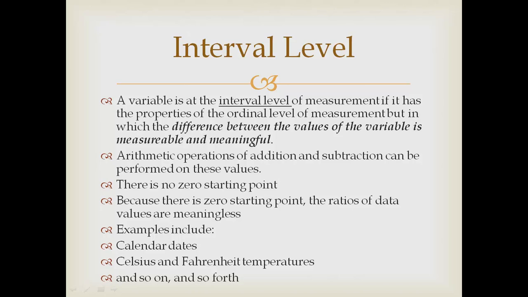We can't perform arithmetic operations of addition and subtraction on them. Like, you can't say grade A plus grade B, right? Or you can't say 5-star movie minus 4-star movie. You can't say it. In that ordinal level, the difference is not meaningful at all.